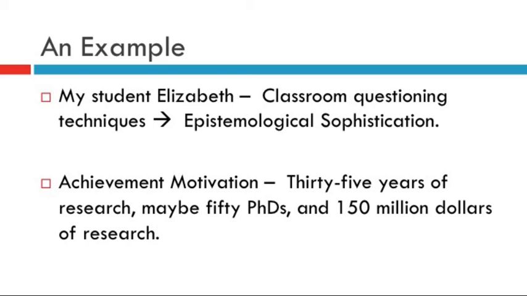Okay? Take that in contrast with work that's done in achievement motivation. This research line has about 35 years of active work on it. It's been worked on by more than 50 PhDs and at least $150 million worth of research. This theory is so blasted powerful, it'll blow your mind. Now, Carol Dweck, the principal investigator here.